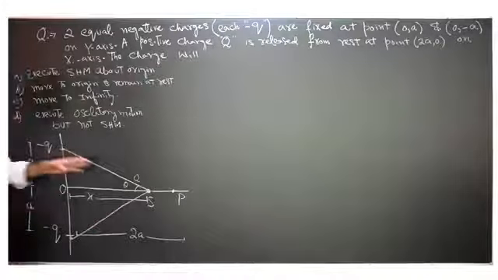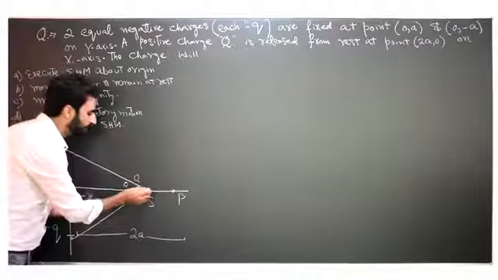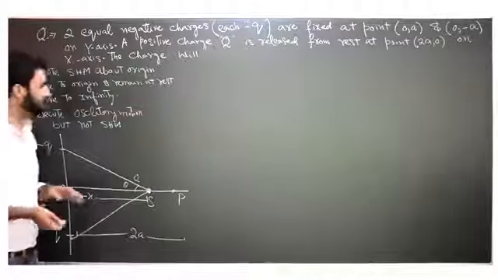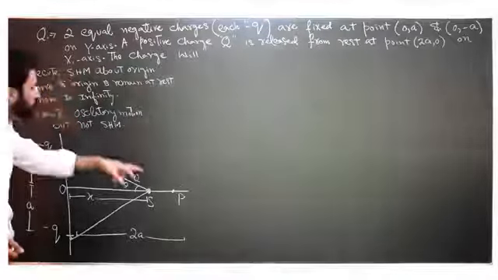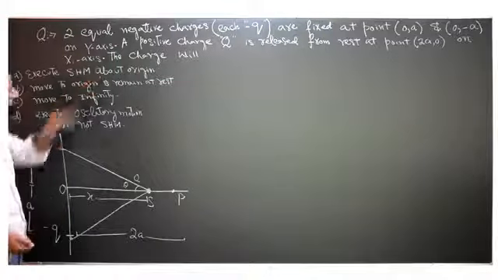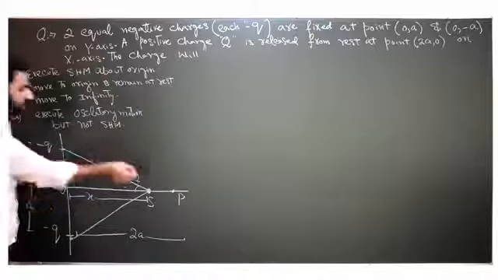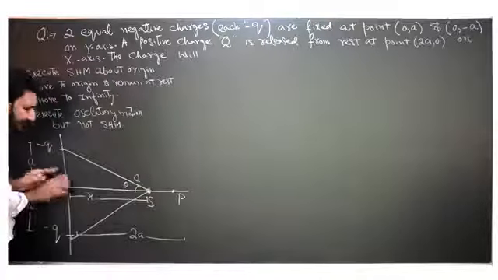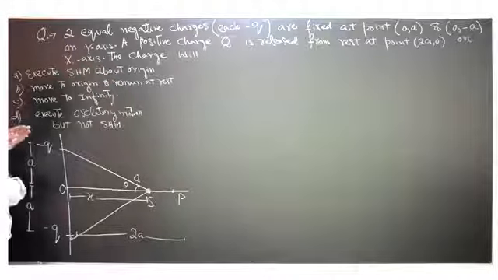So minus q will attract this plus q, and this minus q will also attract this plus q. Now, we are supposed to look into what will be the nature of the motion of this charge Q. Whether it will be simple harmonic motion, whether it will be oscillatory motion but not simple harmonic, whether the charge will come to the origin and remain at rest, or the charge will move to infinite distance.